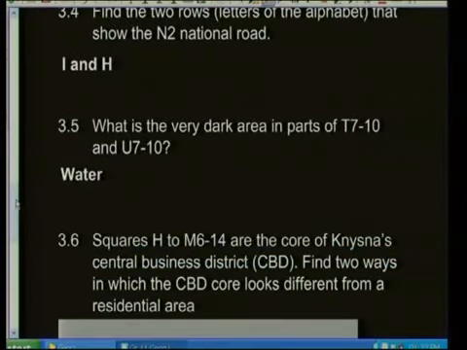Squares H to M6 to 14 are core of Knysna's central business district. Okay? Find two ways in which the CBD core looks different from a residential area. All right? What makes it look different? Of course, your knowledge of the CBD. You've done it over many years, even in grade 9, you did your land use zones, etc., which will help you.